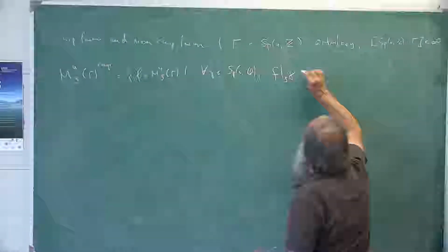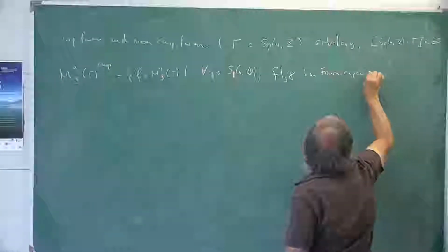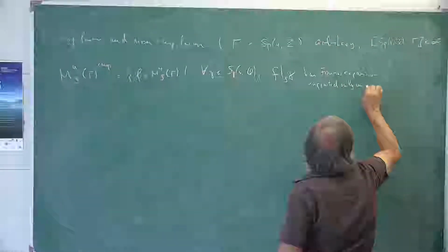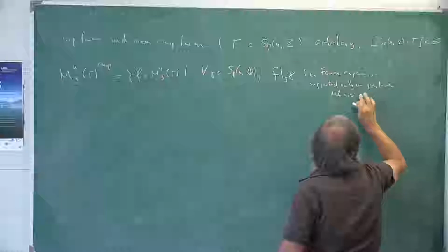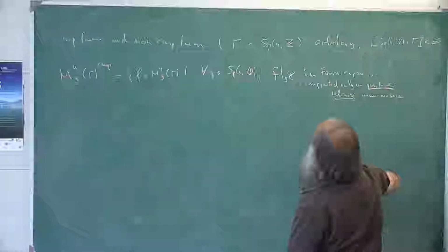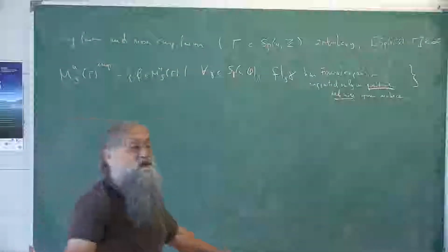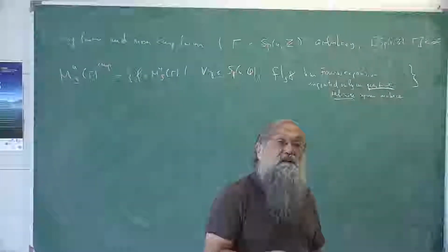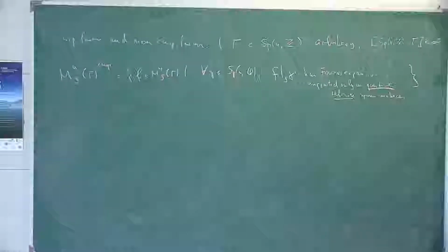So it has a Fourier expansion supported only on... okay, in degree 1 it means that your Fourier expansion in all cusps has only 0 as constant coefficient. So it coincides with the usual definition.